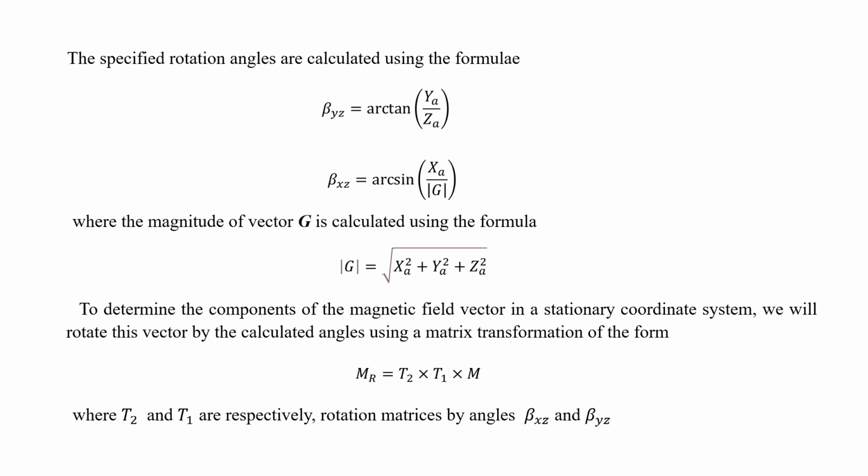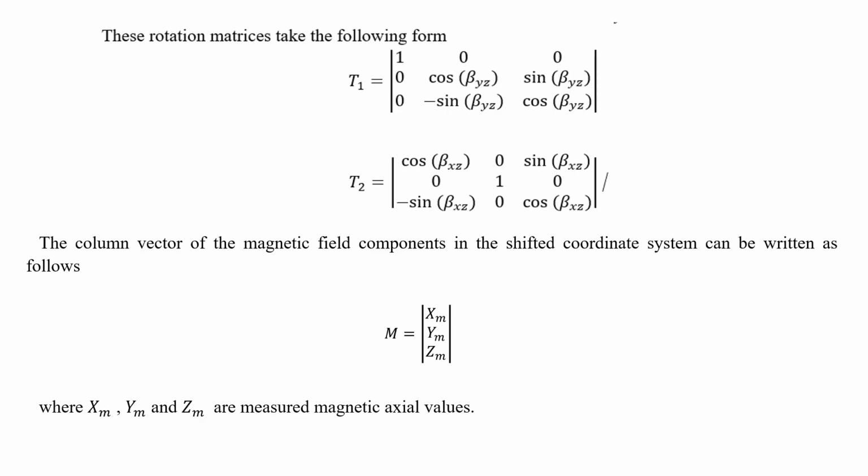To determine the components of the magnetic field vector in a stationary coordinate system, we will rotate this vector by the calculated angles using a matrix transformation of the form, where T2 and T1 are respectively rotation matrices by angles beta xz and beta yz. These rotation matrices take the following form.